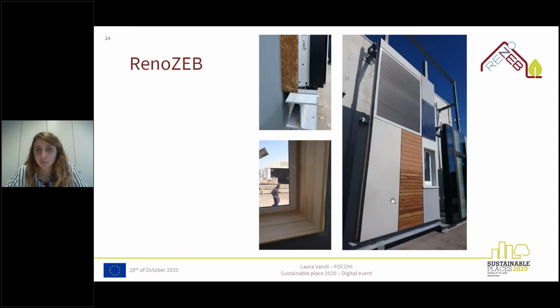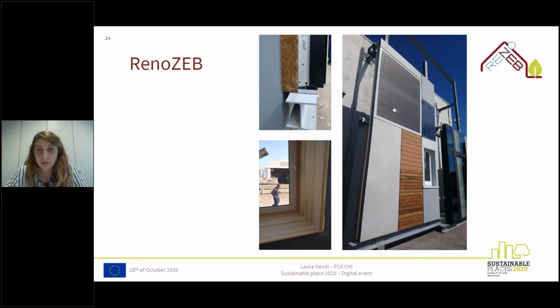I wanted to put in the slide also these pictures. As you can see, this is the visual mock-up for the renoZEB product, which has been manufactured from Focci here in the manufacturing place.